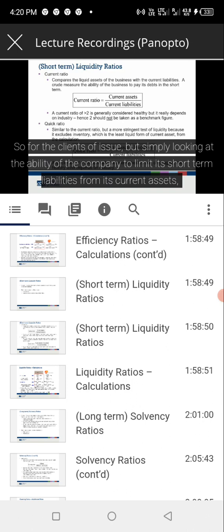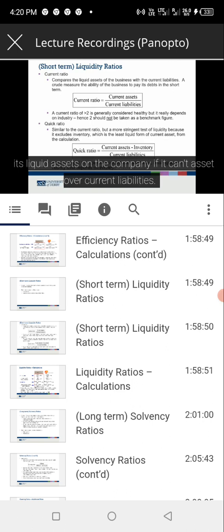So for the current ratio, it's simply looking at the ability of the company to meet its short-term liabilities from what? Its current assets, its liquid assets. And it's calculated as current assets over current liabilities.